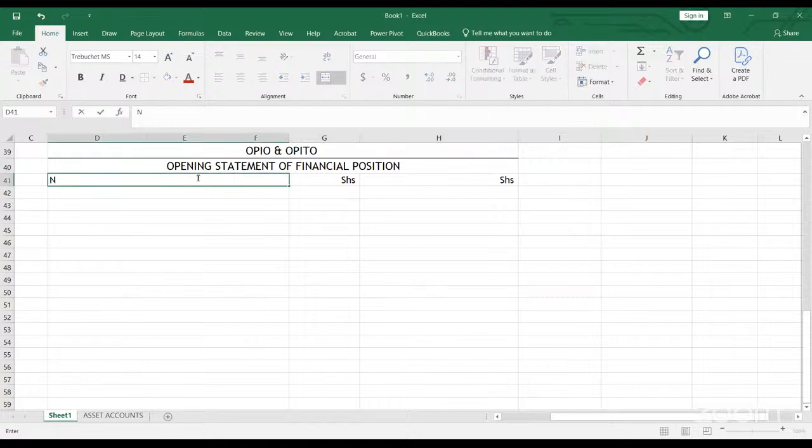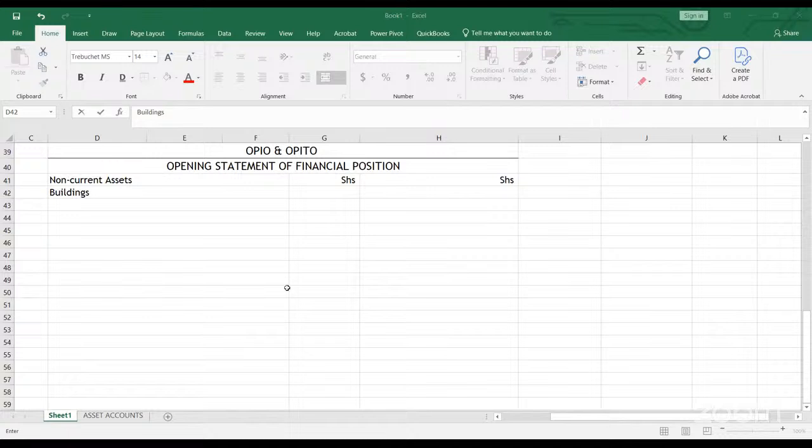So you have the non-current assets. Ian, read for us the non-current assets very fast. We have the buildings at 55,500,000. We take the new values, right?